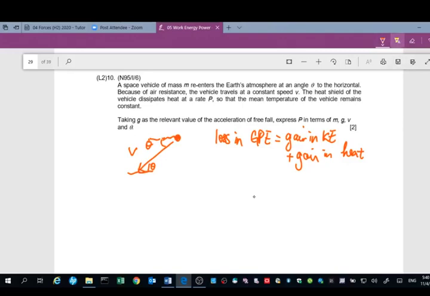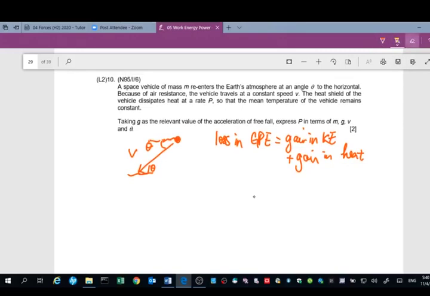Now there is no gain in KE because it's traveling at constant speed. So the loss in GPE will therefore be given by the gain in thermal energy.